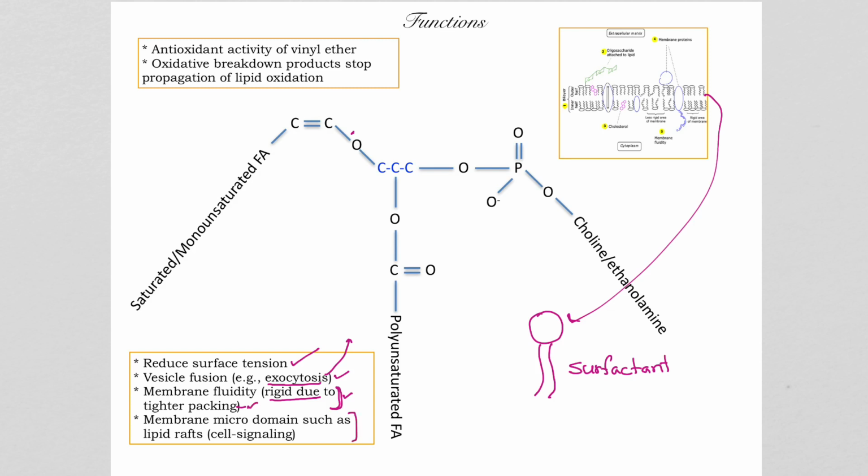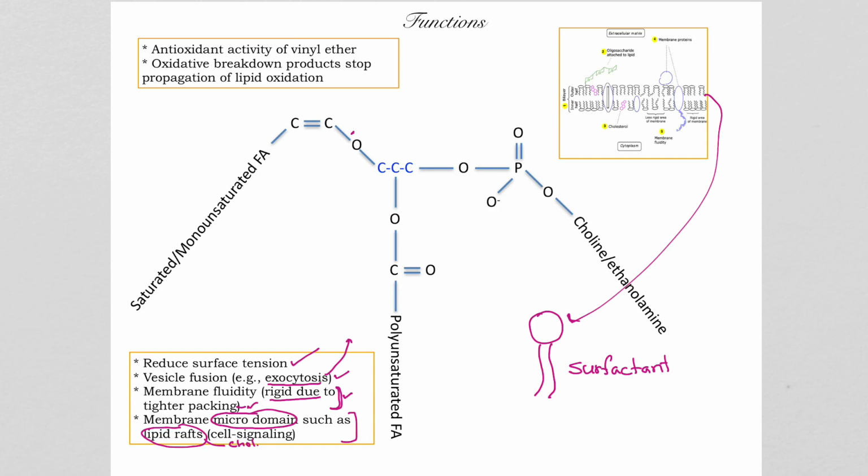So some parts of the membranes have different viscosity and different physical properties compared to other parts of the membrane. So these parts of membranes that are different from the rest, they're called microdomains. So plasmalogens seem to affect the microdomains, or they're involved in making microdomains. An example of microdomain is called a lipid raft, and lipid rafts are also very rich in cholesterol.